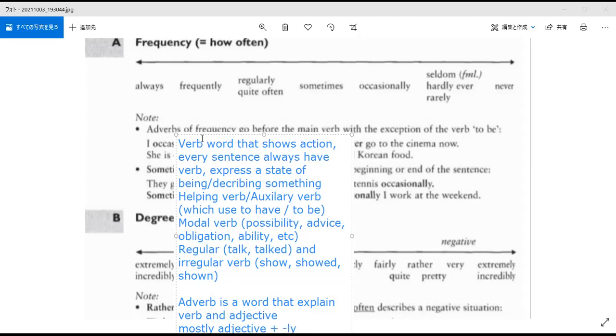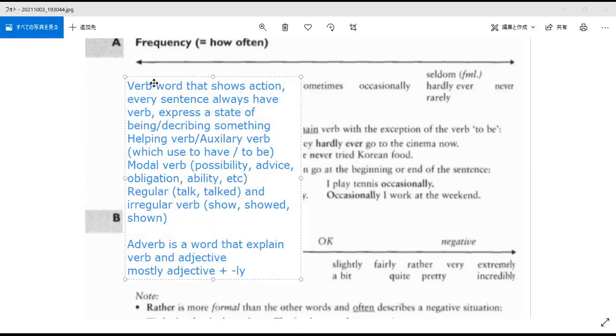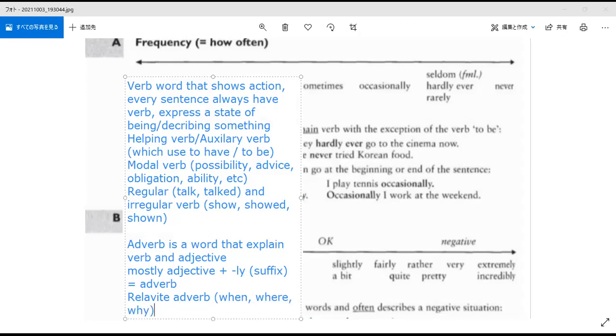Firstly, adverb, and then there are adverbs of when, where, why, then frequency and degree.